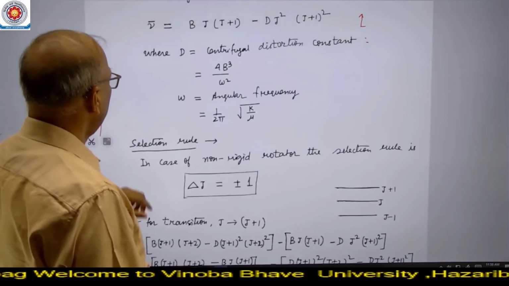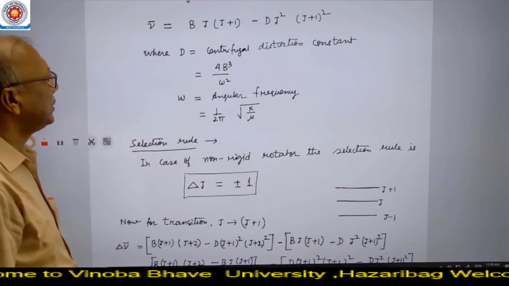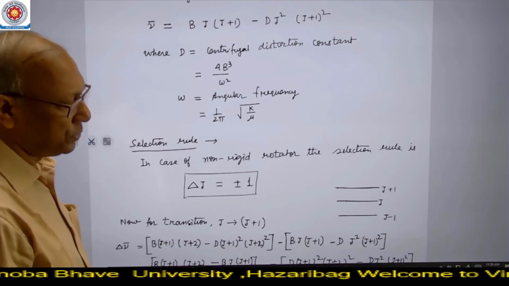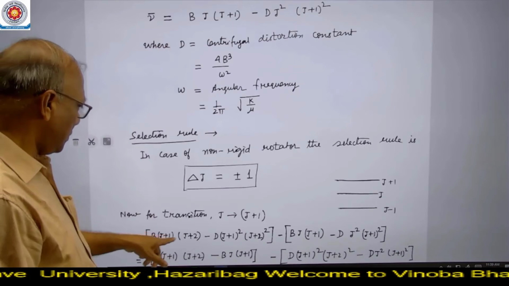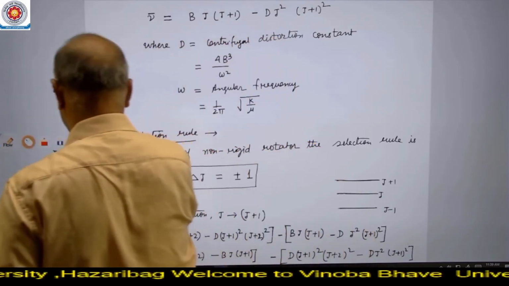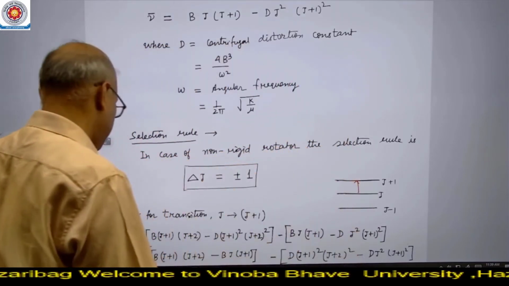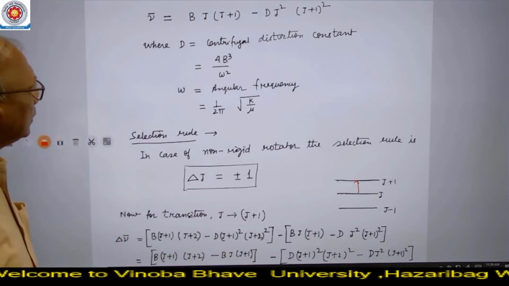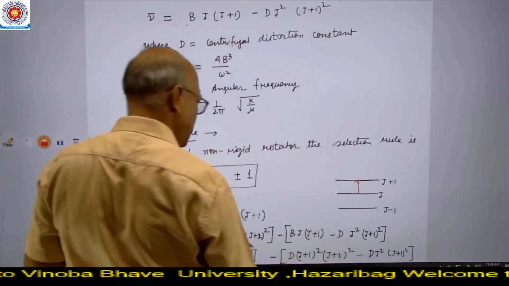We have the formula nu bar is equal to D J into J plus 1 minus D J squared into J plus 1 whole squared. So if we put this formula for the transition from J to J plus 1, this whole expression is written for J plus 1.